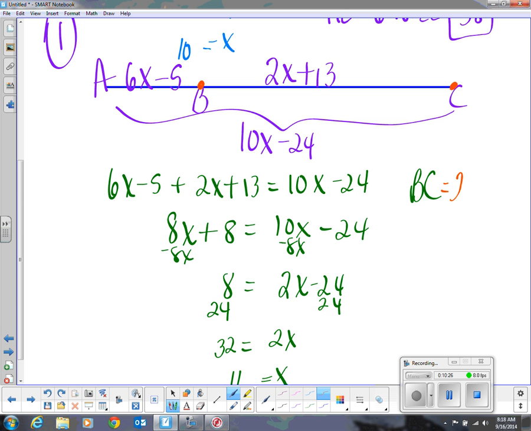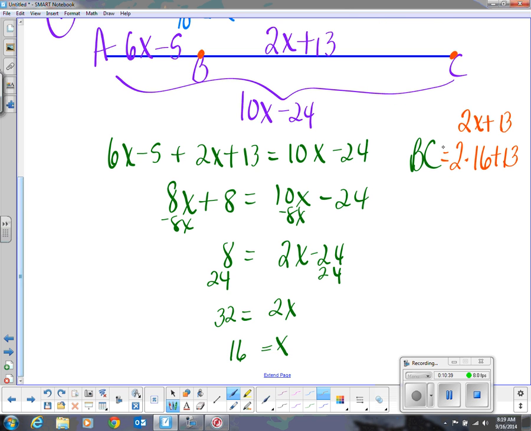And x is 16, so it's 2 times 16 plus 13. So she used 2x plus 13 because that is the length of BC. So this is going to be 32 plus 13, which is 46? 35? 45? It's 45. 3 plus 1 is 4. 2 plus 3 is 5.